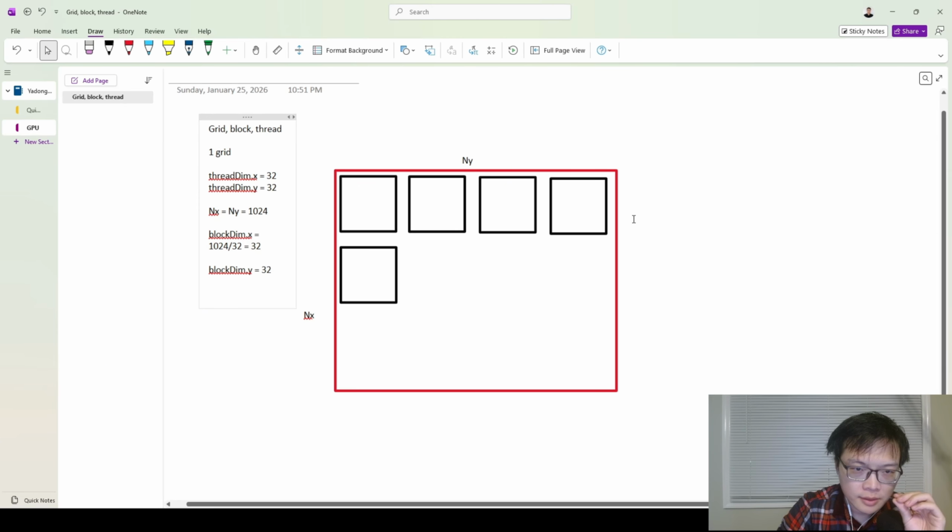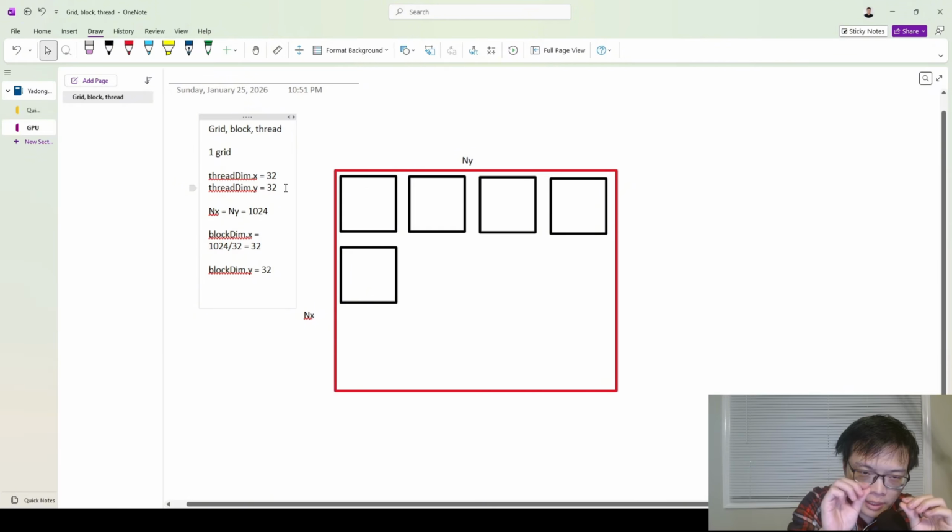Let's assume in this example we only have one grid, and the thread dimension in both X and Y is 32.